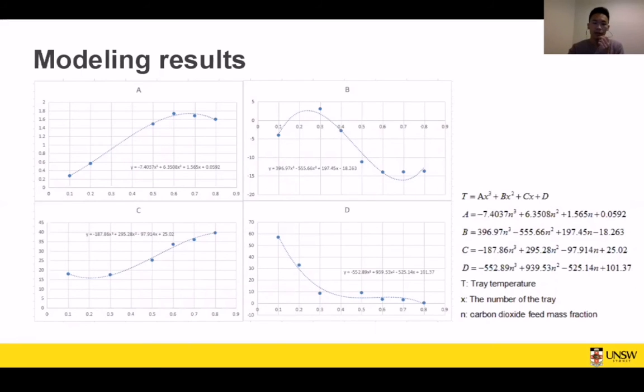Combining these 4 formulas and introducing the independent variable of the carbon dioxide mass fraction of the feed, we obtain the functional relationship of the 4 coefficients with the mass fraction. Inserting the formulas for the coefficients into the relationship between the tray and the temperature, we finally get the overall mathematical model.